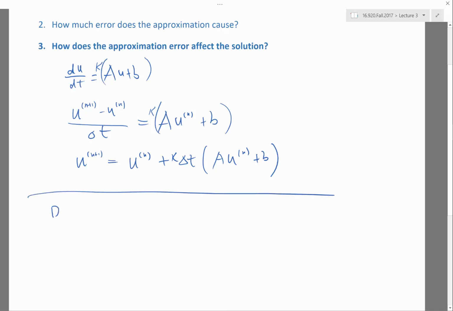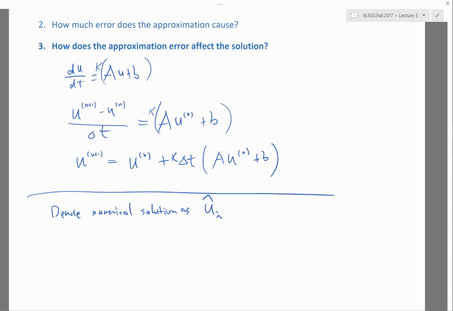Let's denote the numerical solution as u hat, right? All of these numerical solutions we have so far, we used u to denote it. But now, because we are looking at the difference between numerical and analytical solution, let's denote the numerical solution as u hat of i, because we are solving for the solution at grid points.